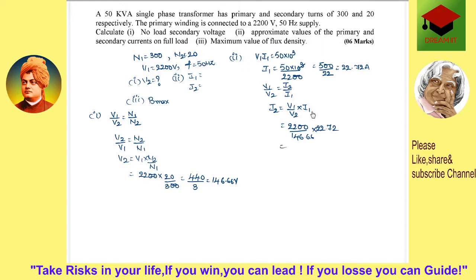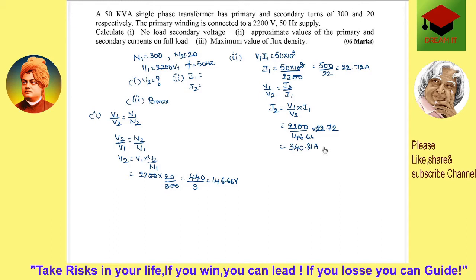So you have to do 2200 into 22.72 divided by 146.66, and you are getting 340.81 amperes.